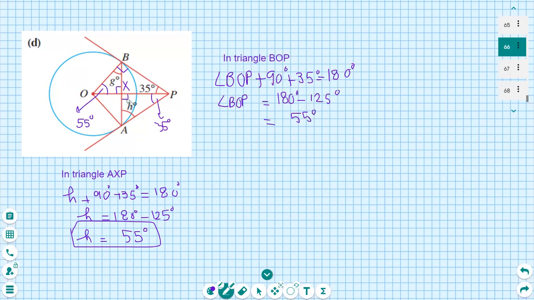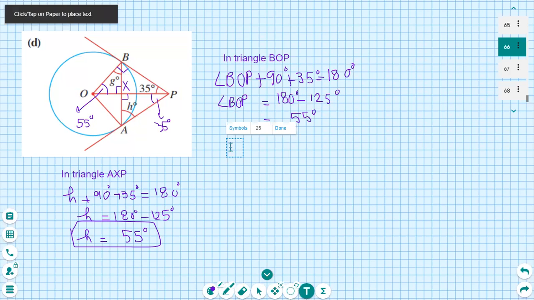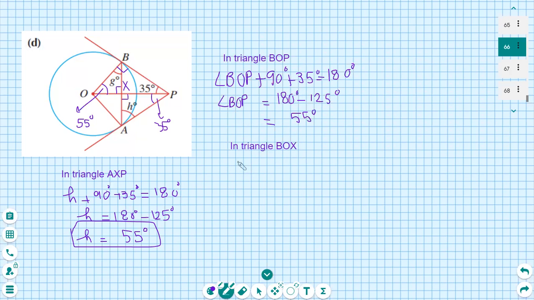Now I'm finding angle G by applying the sum of angles property in triangle BOX. The first angle is G, second one is this 55, and the third one is this one 90, sum equal to 180°.